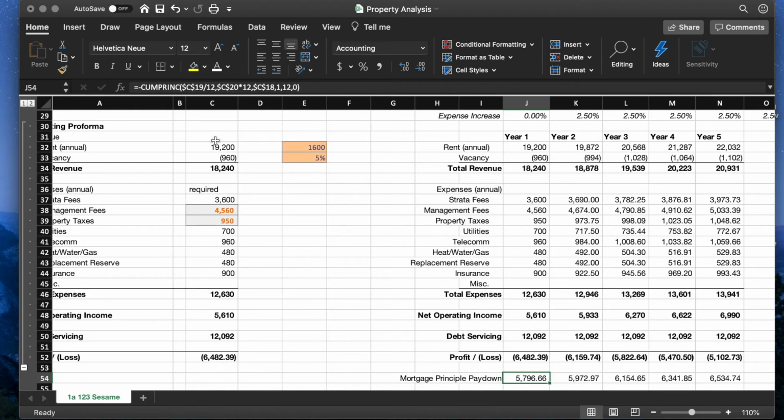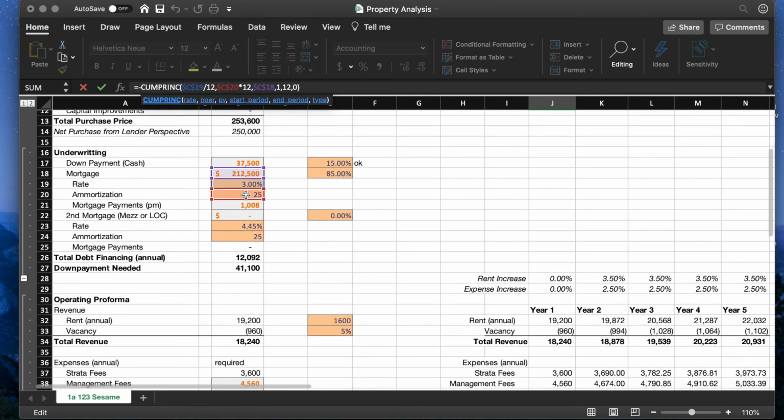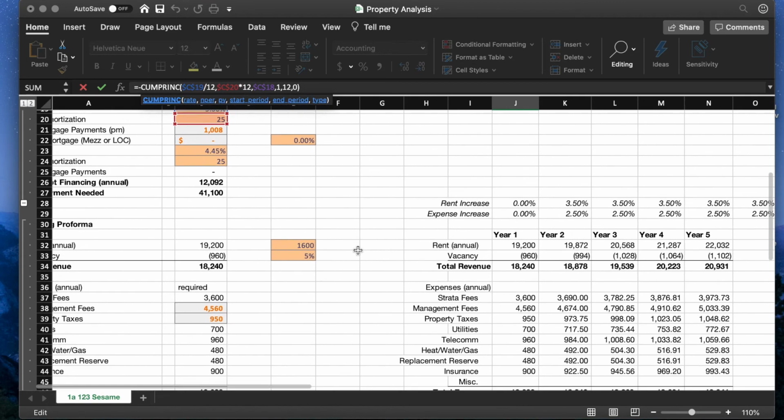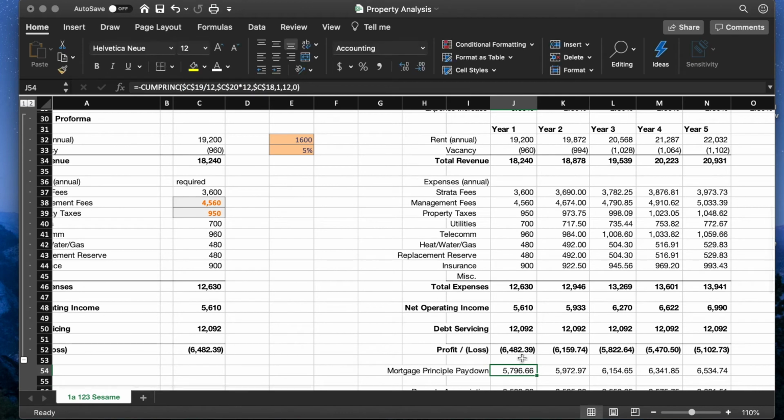And so I have a nifty formula that I've added called mortgage principal paydown. This is a cumulative principal formula, and you can look this up. It's in Excel, it's in Google Sheets. Fantastic formula. What it does is if you input the rates, the number of periods, present value, start period, all the sort of things that you actually have in a mortgage, and you can see I'm pulling that data from up here, it will then calculate how much mortgage I'm actually paying off in that specific year or that specific period.